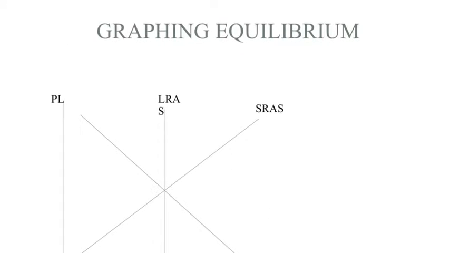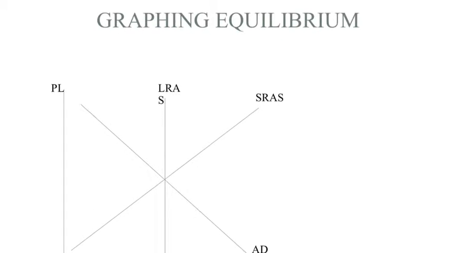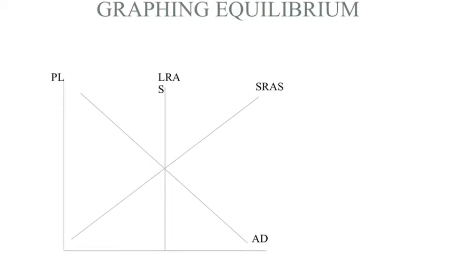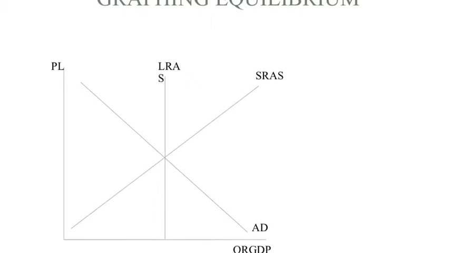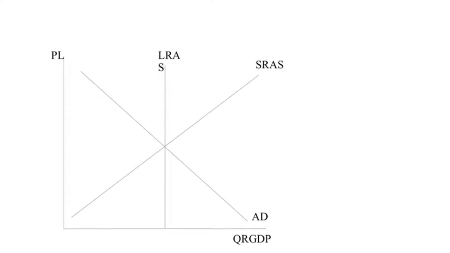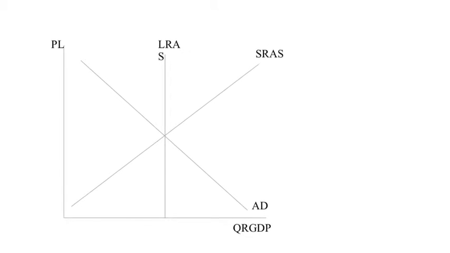After graphing your long-run aggregate supply line, which is vertical, you're going to graph the next two lines. Since this is not a gap and it's equilibrium, there's no particular one you need to graph first, so you're just going to graph a positive sloping line of short-run aggregate supply labeled SRAS and a negative sloping line labeled AD for aggregate demand.